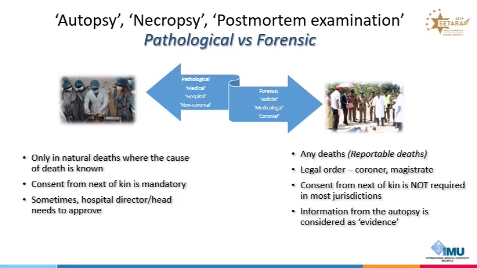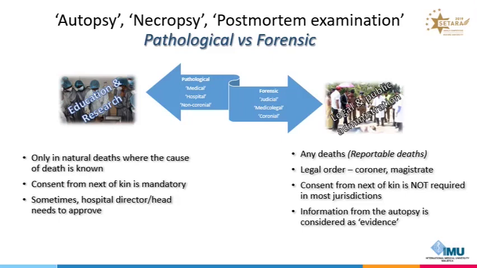And we refer to them as pathological autopsies, where the death is investigated primarily for education and research purposes, or it could be a forensic autopsy where the investigation is for legal purposes or for public administration.